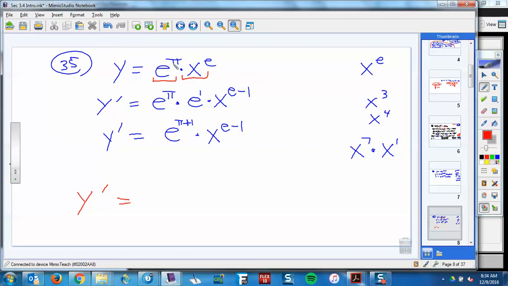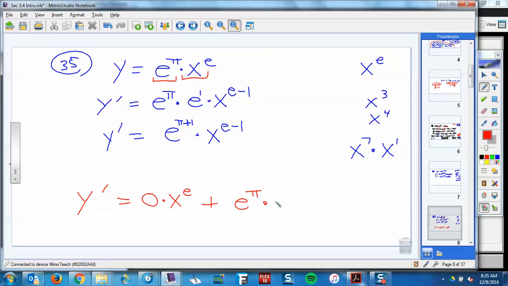What's the derivative of e to the pi? Because e to the pi is a number, right? What's the derivative of a number? 0, right? So the derivative of e to the pi is 0 times x to the e left alone, plus e to the pi left alone times the derivative of x to the e.